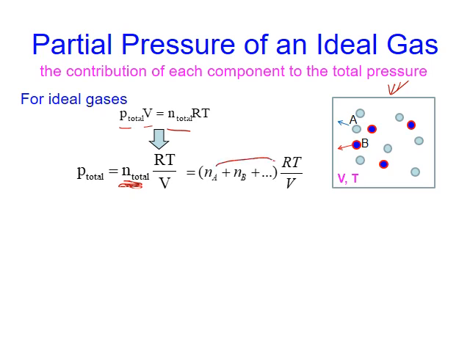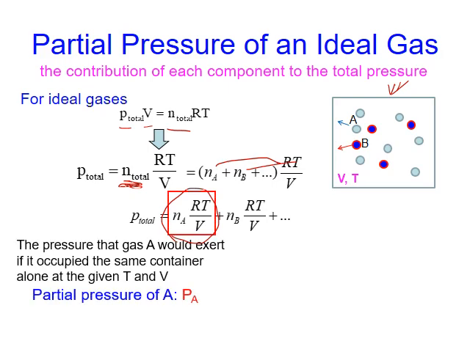Mathematically, we could distribute this product as Na times RT over V plus Nb times RT over V. Now, the first one, Na times RT over V, comes from the ideal gas law applied only to A. So that is actually the pressure that gas A would exert if it occupied the same container alone at the given temperature and volume. If you use the ideal gas law for A, as if there's no B in it, that pressure is called the partial pressure of A.